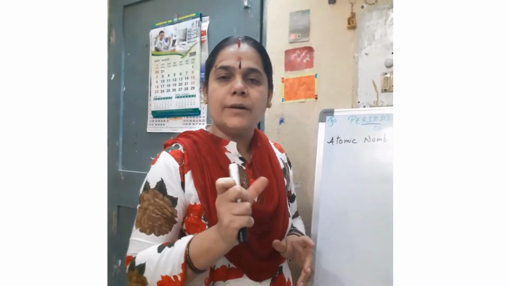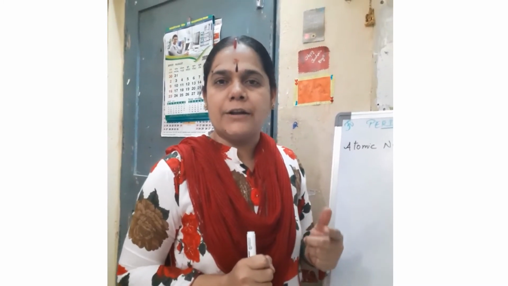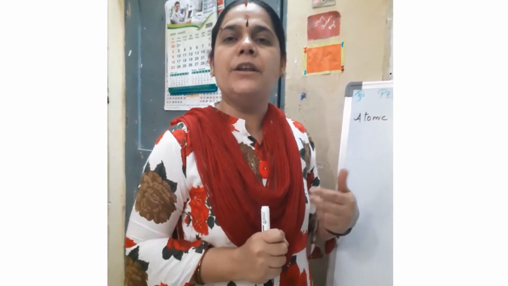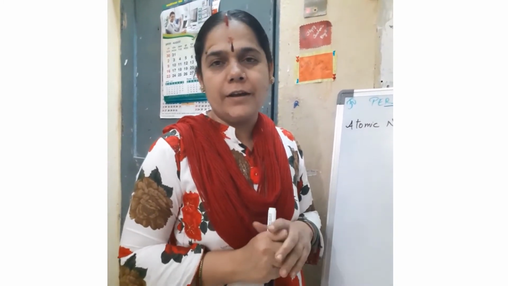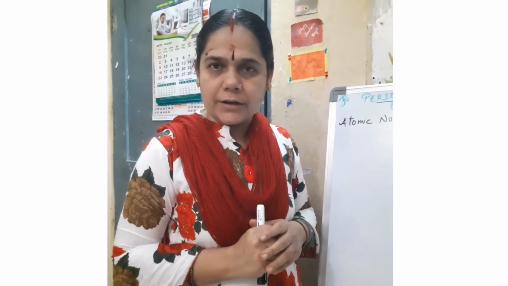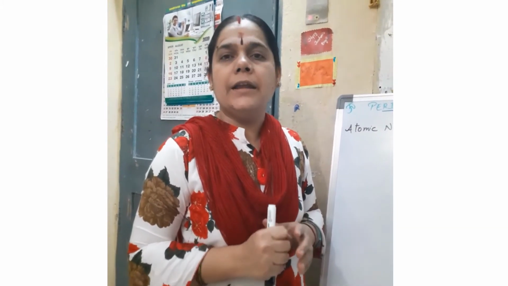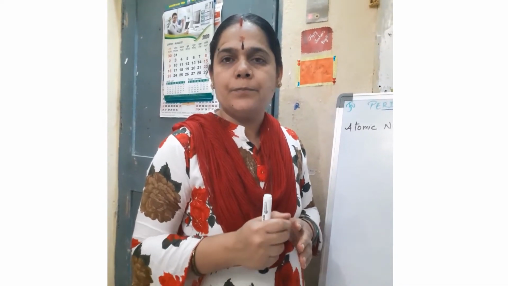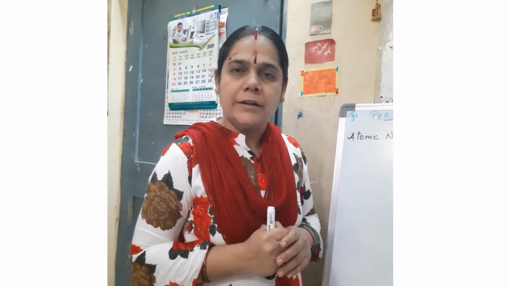When this atomic mass was replaced by atomic number, we saw that many of the anomalies of Mendeleev were rectified. Now, how did this atomic number help in rectifying the errors of Mendeleev's periodic table and help in founding the new modern form of the periodic table?